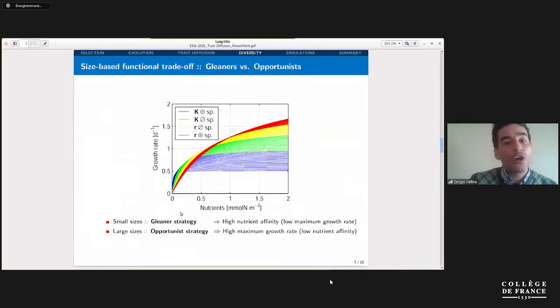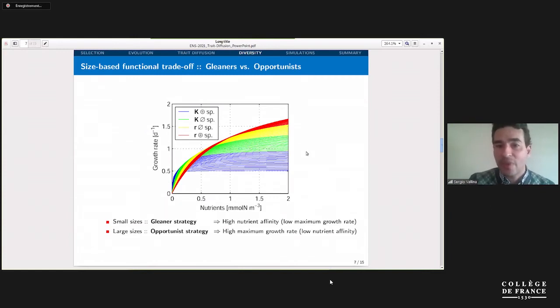There is a trade-off in the way each phytoplankton size class takes up nutrients. The trade-off is the traditional linear opportunist trade-off, in which the smaller sizes, which are the blue curves, take up nutrients, which is the x-axis, and the vertical axis is growth. So the blue curves take up the nutrients faster when they are scarce. So they are the best competitors. Small sizes are the best competitors under nutrient limited conditions.